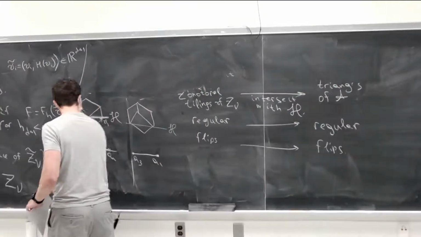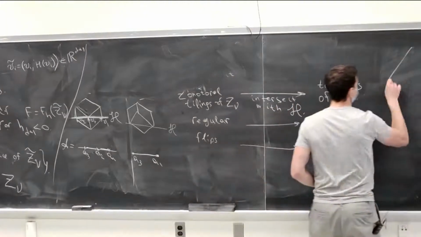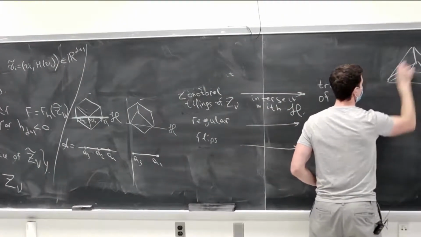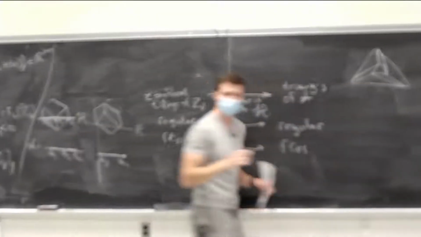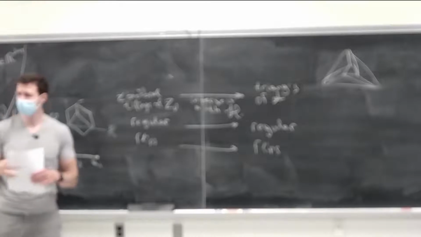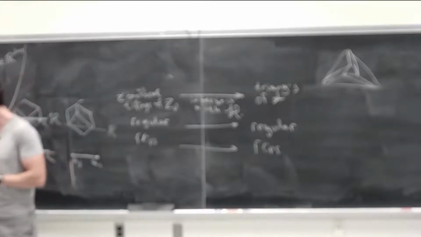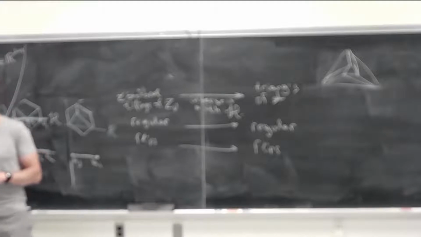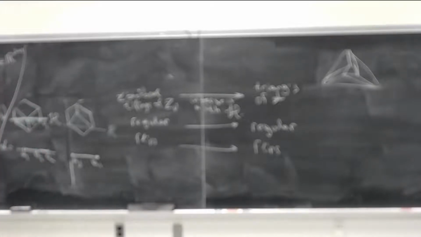Maybe I should try to draw a picture again. So does it imply maybe that there is a non-regular zonotopal tiling? Right, that's a good point.